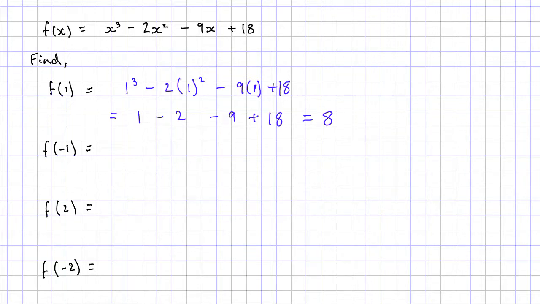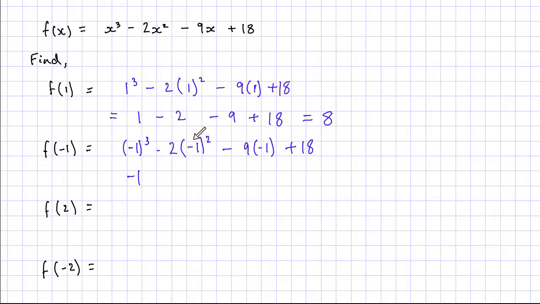Now I'll try the next one. So I have minus 1 cubed take away 2 times minus 1 squared take away 9 times minus 1 and plus 18. So minus 1 cubed is minus 1. So I take away, so 2 times minus 1 squared is just 1.